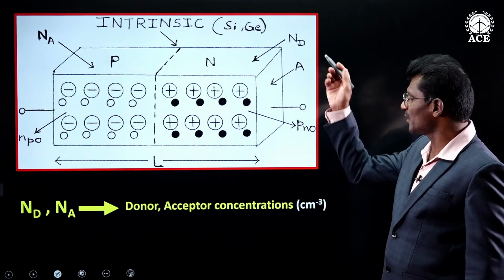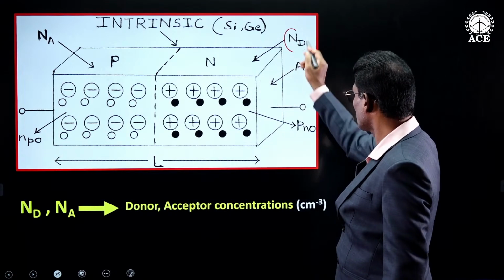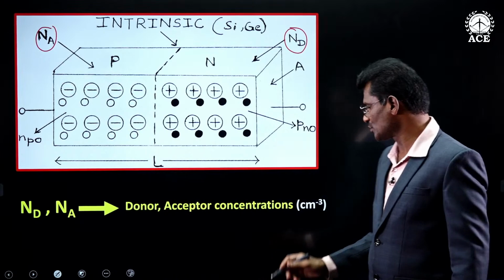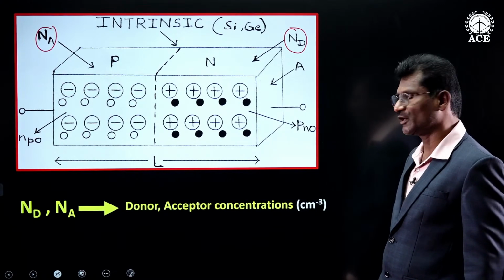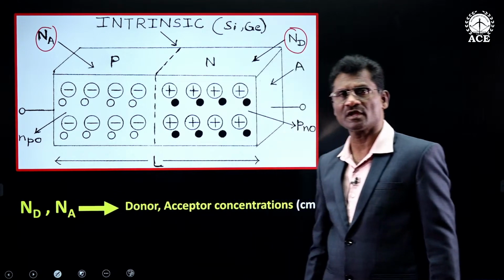Now, Nd and Na stand for donor and acceptor concentrations, which are expressed as per centimeter cube. Assume Nd is equal to 10 power 20.